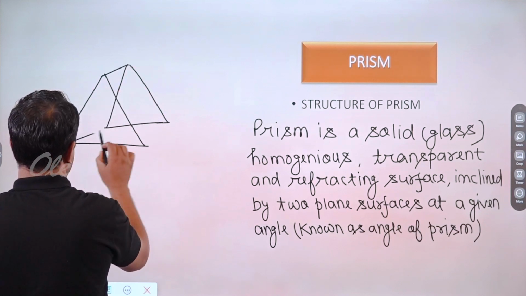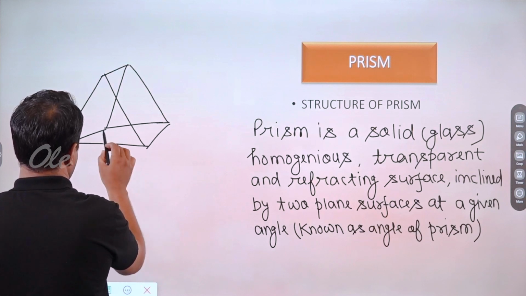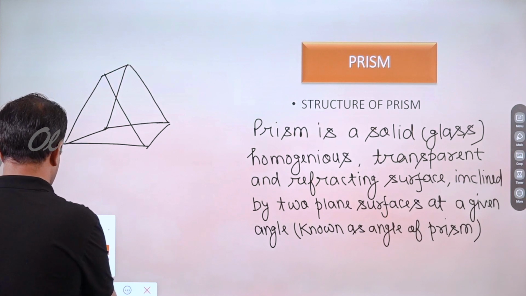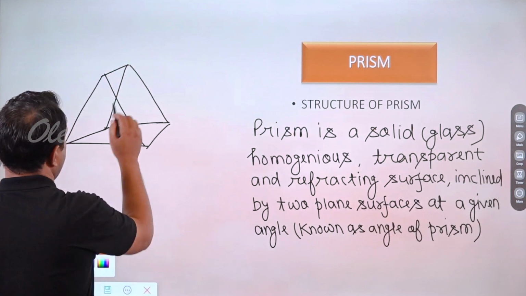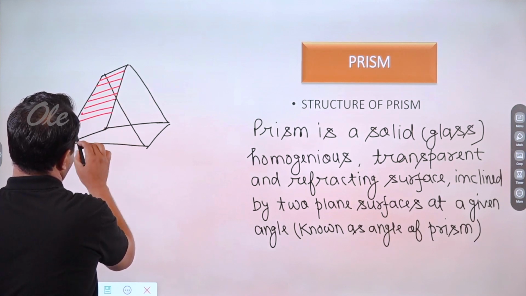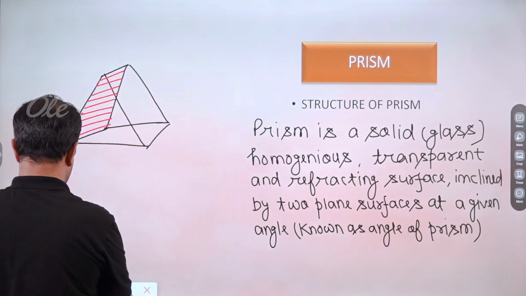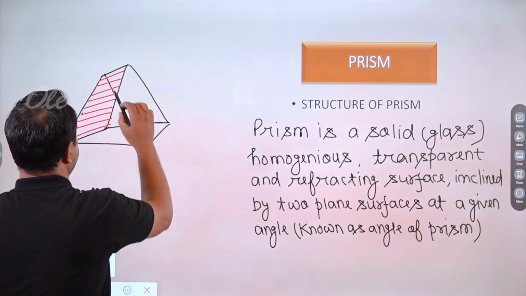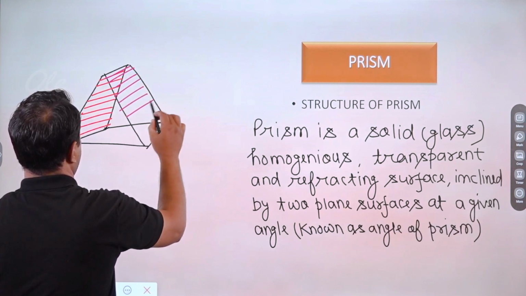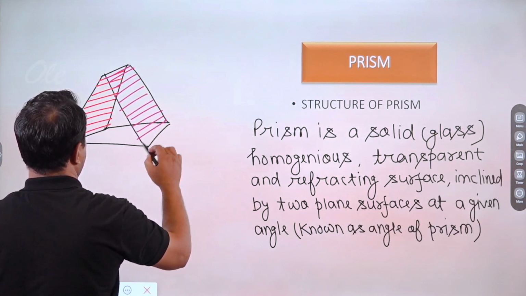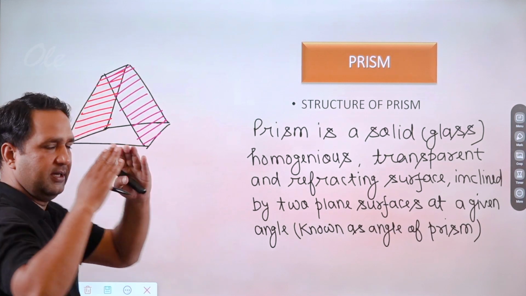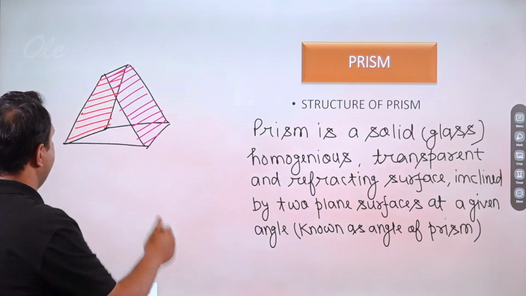As you can see here, there are two surfaces which are inclined. This one and this one. These are the two inclined surfaces at a certain angle.